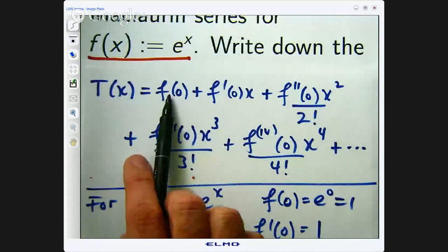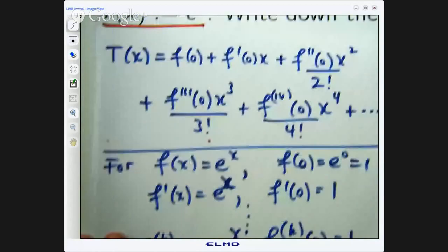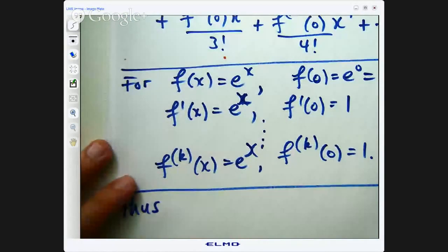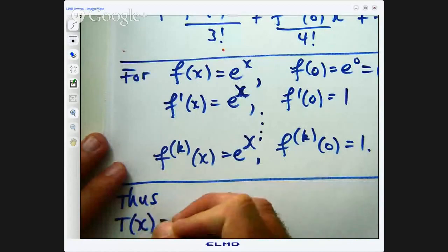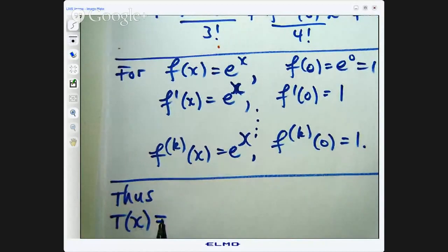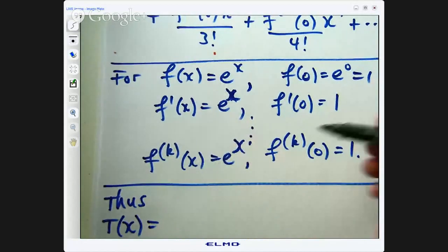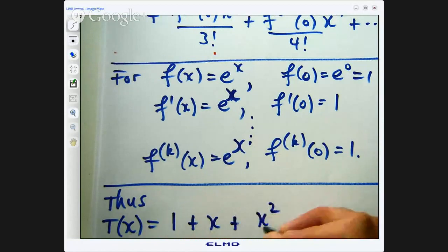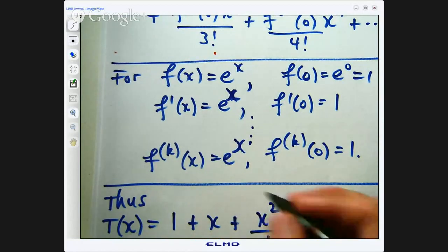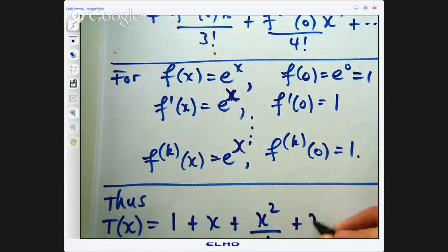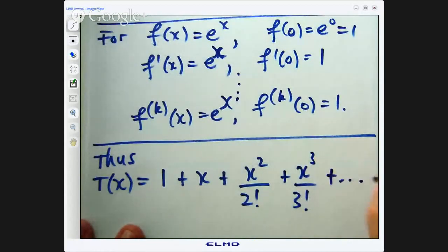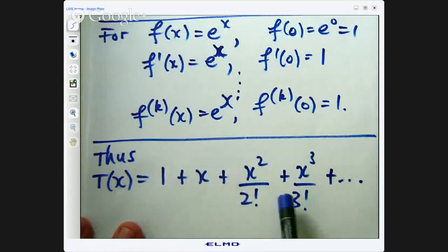Well, let's replace that with 1, that with 1, that with 1, that with 1, etc. So for our function e to the x, the Maclaurin series is 1 plus 1 times x plus 1 times x squared over 2 factorial plus 1 times x cubed over 3 factorial, and you just keep on going. All right, so you can see increasing the powers by 1, increasing the factorials by 1, and the coefficients are just positive 1.